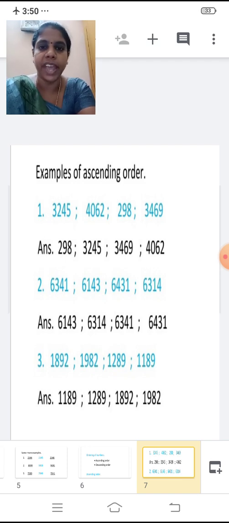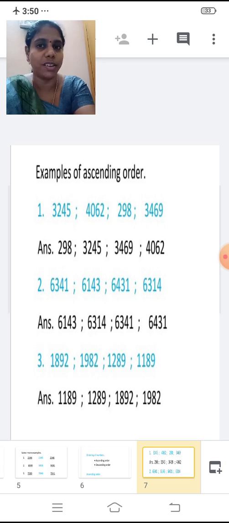In the last number we have 4 in the hundreds place. Now tell me which is smaller, 2 or 4? 2, right? So I am writing 3245. Next 3469. Then 4062.